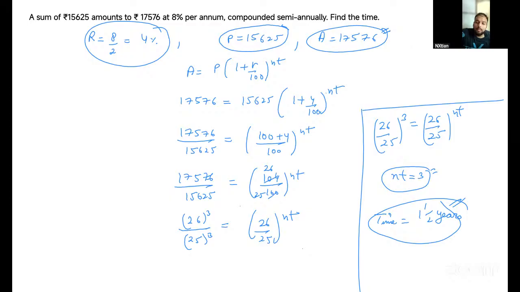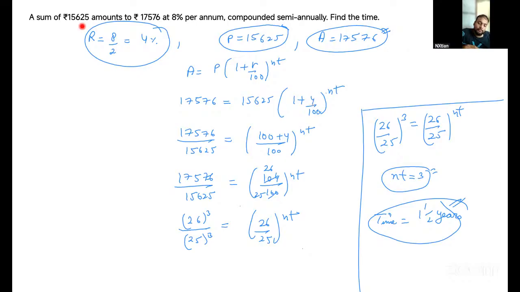Betya, can you explain? I had to log out from the other phone. Basically, the rate is 8% semi-annually, so the rate will be half, which is 4%.